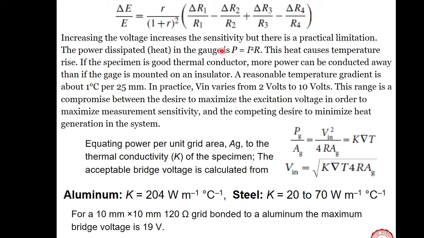That means what is the quantity of heat which is generated and how much heat is dissipated. This K into delta T is a measure of heat dissipation, and I square R or V square by R is a measure of heat generation. So, if we balance these two, where we know the allowable value of delta T, as some recommendation is there, with this we can find out some limiting value of the supply voltage. For aluminium and steel, the thermal conductivity values are known.